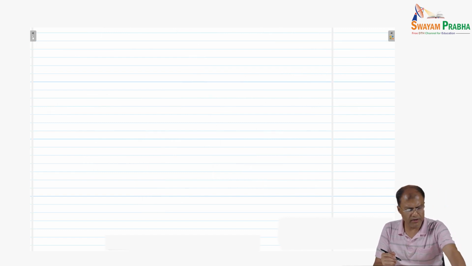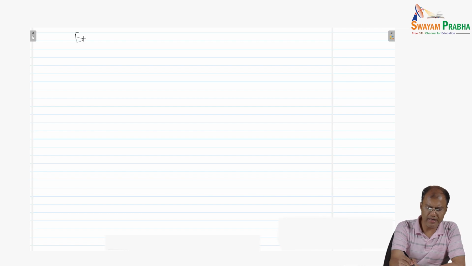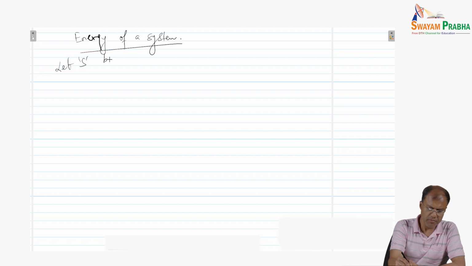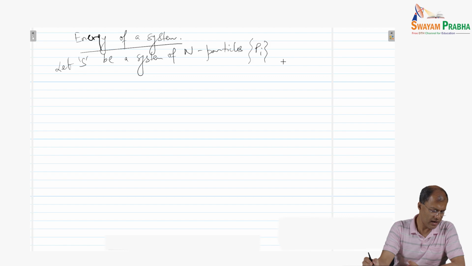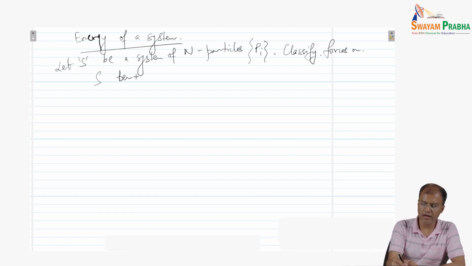So let us look at the energy of a system of particles. Let S be a system of n particles, Pi, and we classify forces on S as being external or internal.